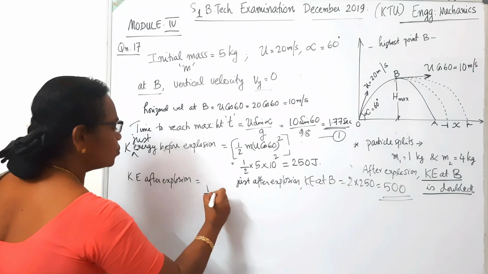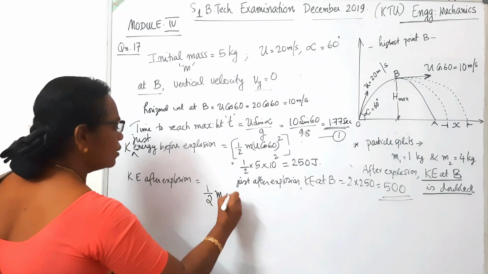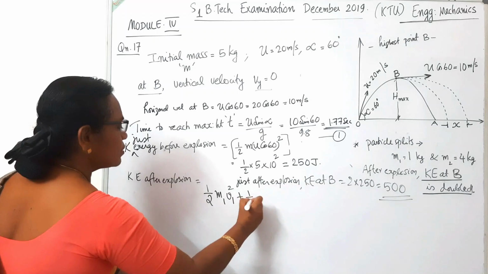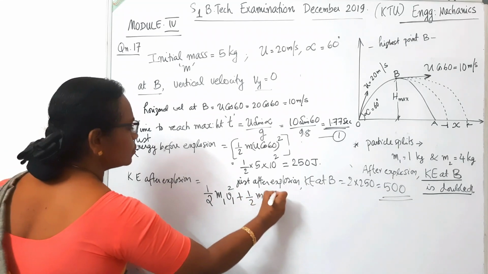If it is split up into 2, the kinetic energy is half m1 v1 square plus half m2 v2 square.